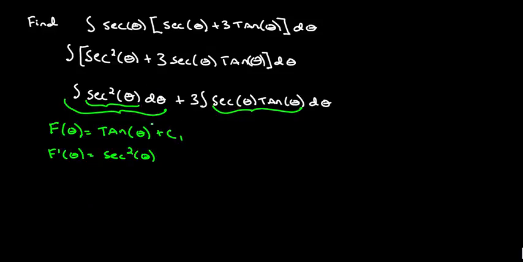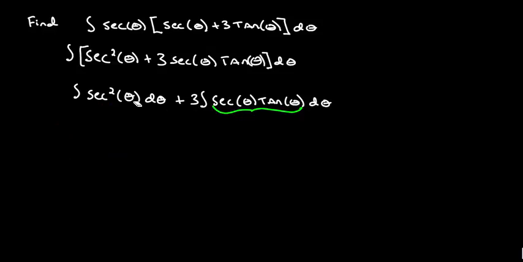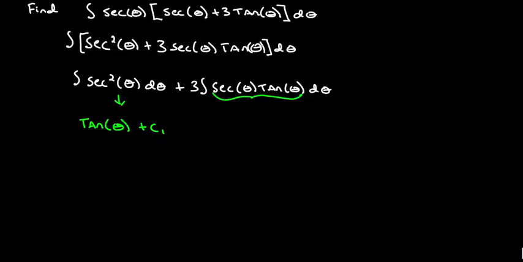So this one becomes the tangent of theta plus some constant, so that we have the entire family of antiderivatives.